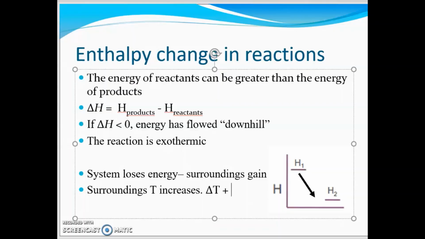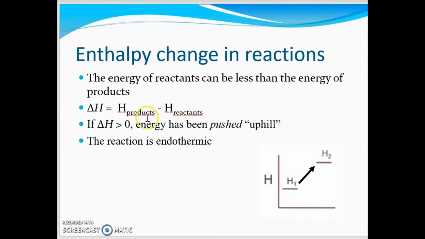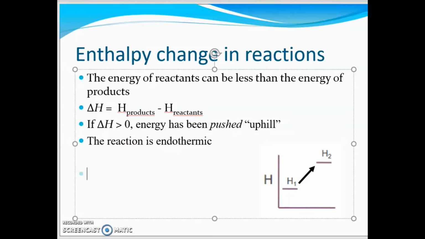And of course, then we also have the opposite possibility where the energy of the products is higher than the energy of the reactants. This is kind of an uphill situation. In this case, our final minus initial would be a positive number. And we had to increase the energy of the system because our products are higher energy.